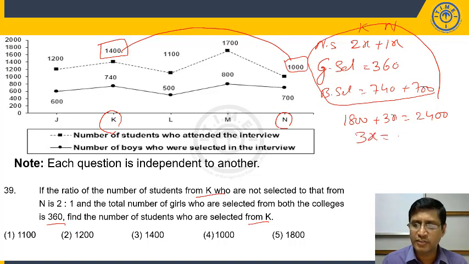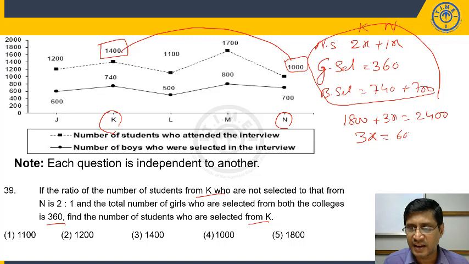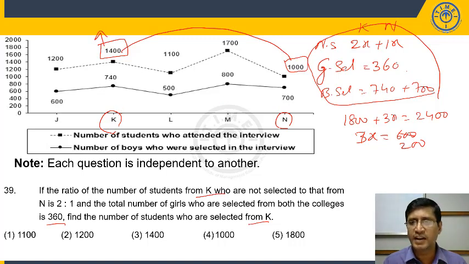What is the value of x? 3x is equal to 2400 minus 1800. It is 600. The value of x is equal to 200. When x is equal to 200, what do we need to find? The number of students who are selected from K. Selected from K we need to find means the total attended is 1400.